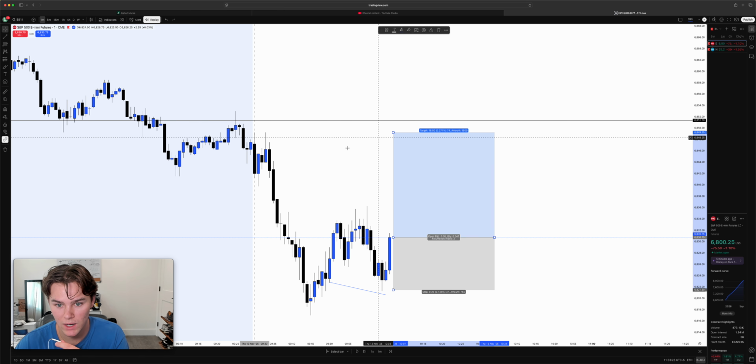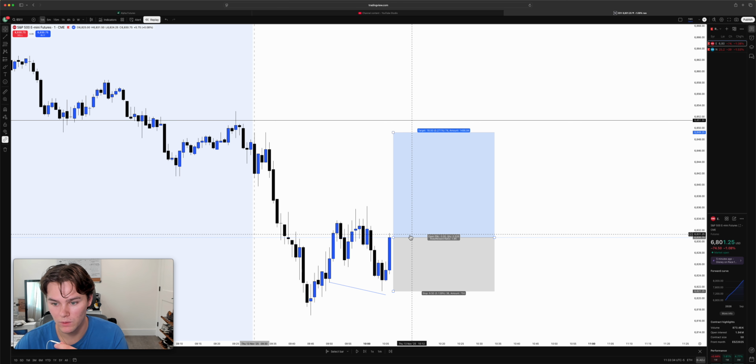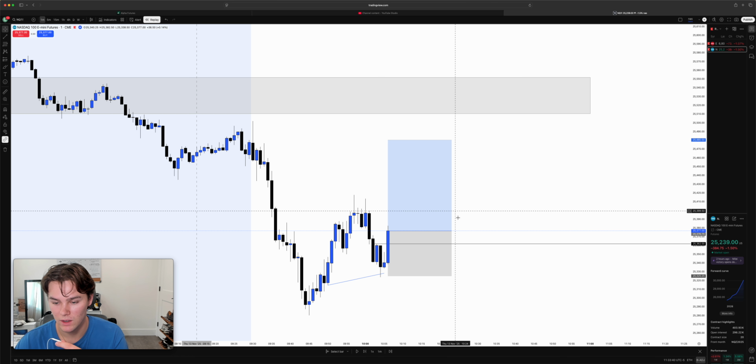This one actually has equal highs to target, which is pretty easy to go after. And we could have entered on both of these right here, which is pretty lit. Let's see how it plays out. On Nasdaq, it continues to rip up higher, comes down a little bit, but then rips up.